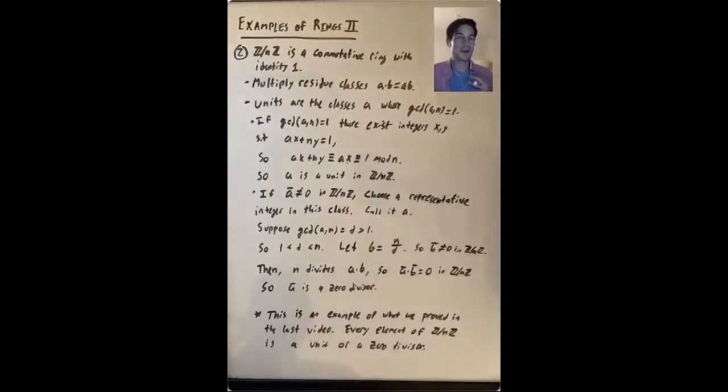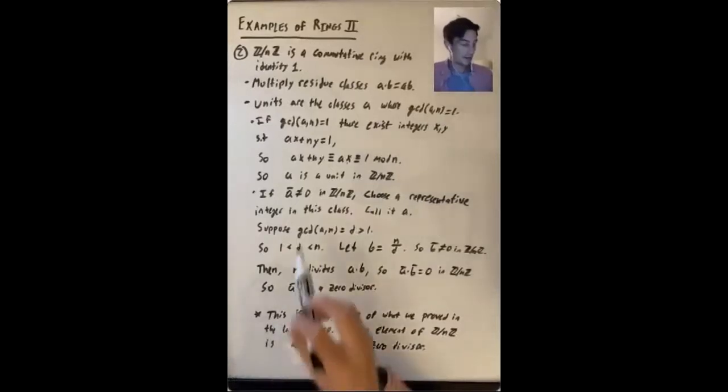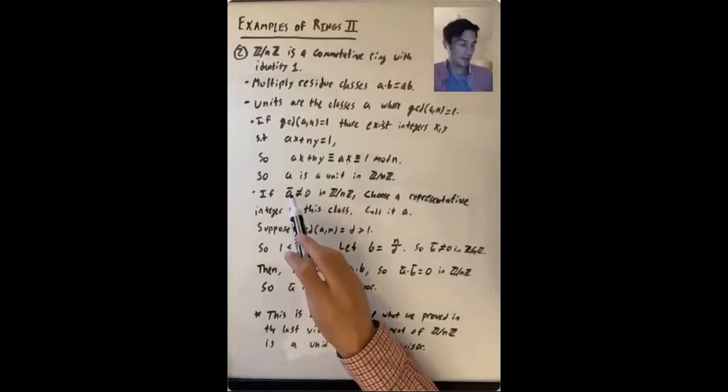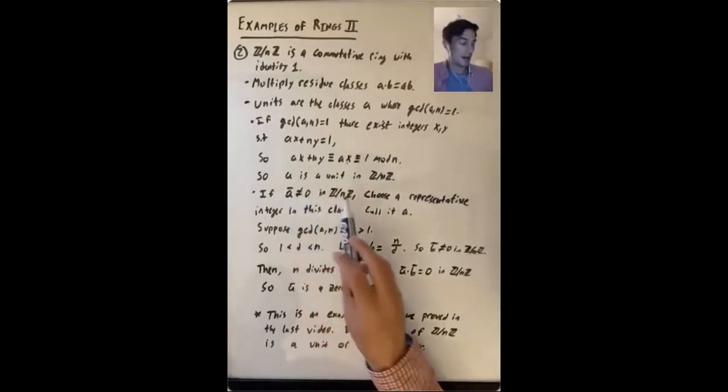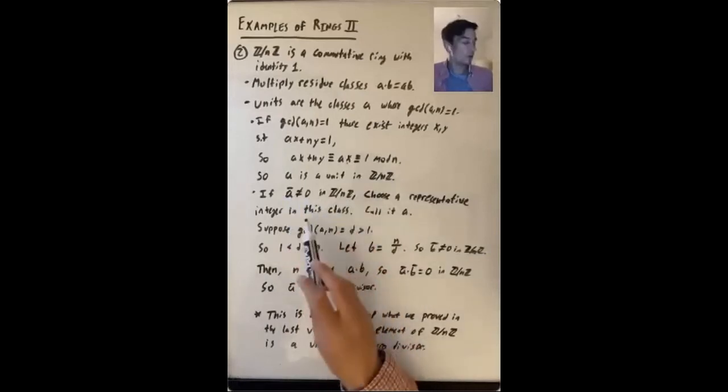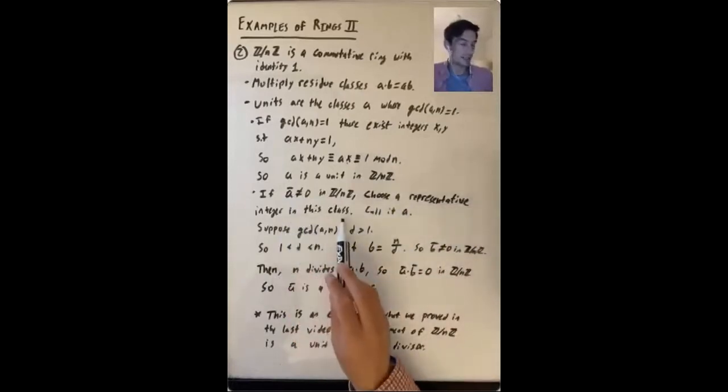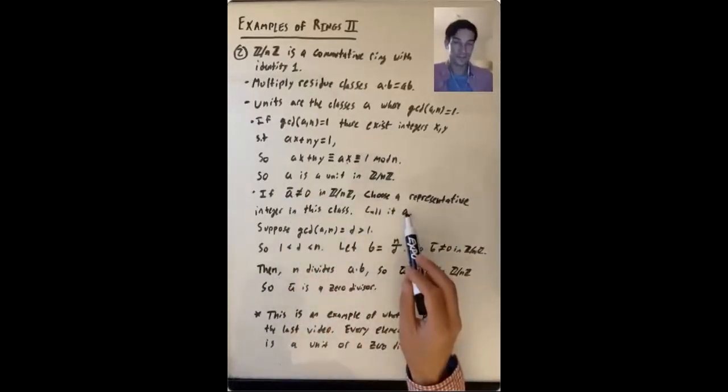For this next part, I want to be a little more clear about distinguishing between an integer a and the residue class that you get in Z mod nZ from a. So if a bar is a non-zero element of Z mod nZ, we're just going to choose a representative integer in this class. Let's call it a.